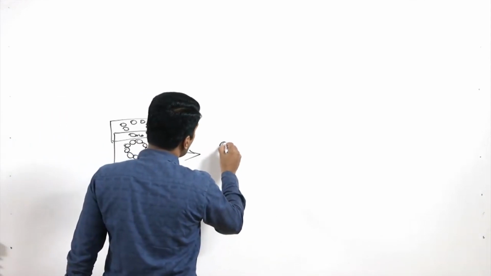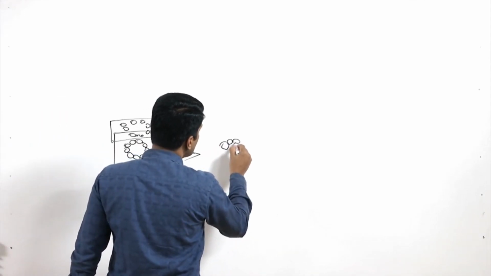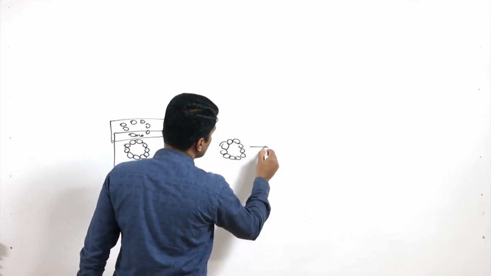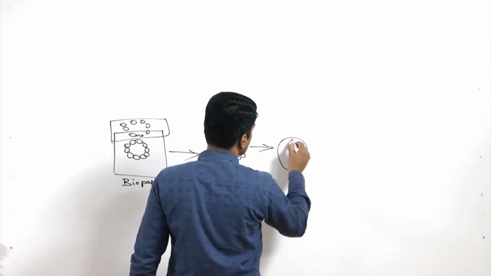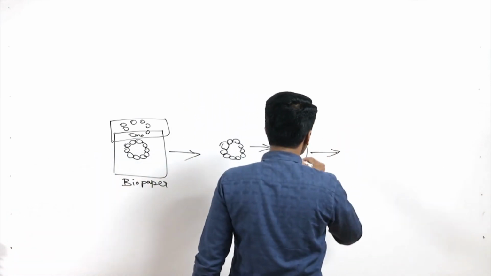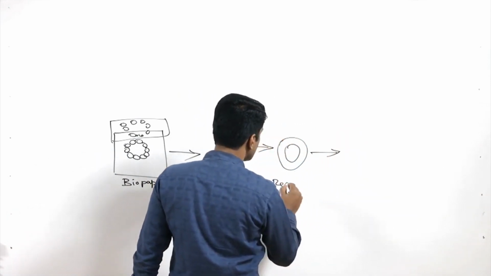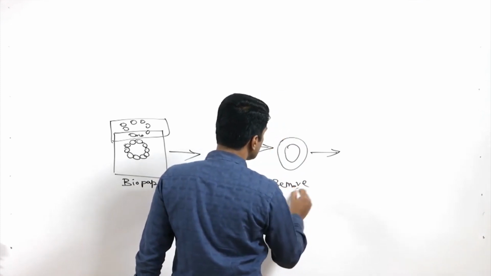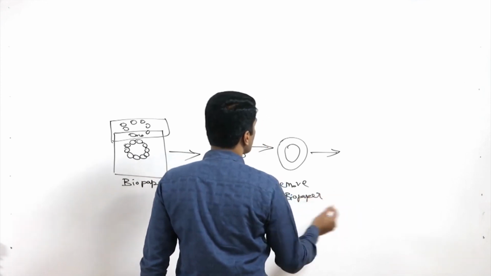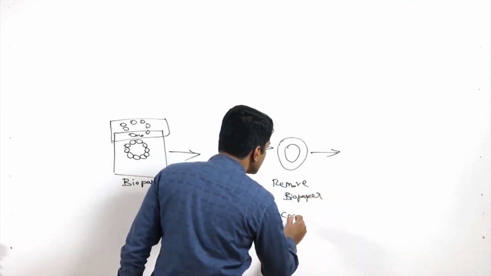Similarly, when you have printed all the cells, these cells will fuse together. And once it is fused, we can remove the bio paper by simply cooling it.